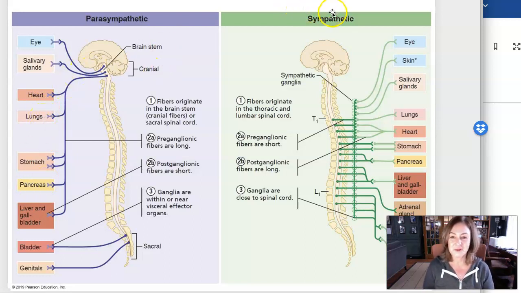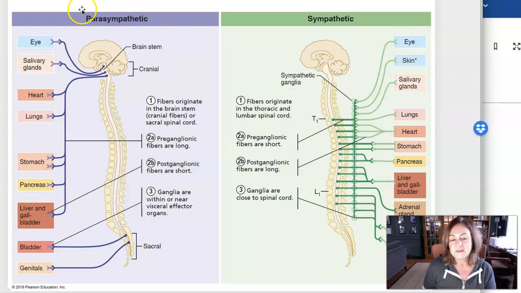You can compare this for yourself. And then I look at the sympathetic list, the eye, the salivary glands, there's the skin, that's unique, the heart, the lungs. What I want you to notice here is that by and large, the effectors are the same.